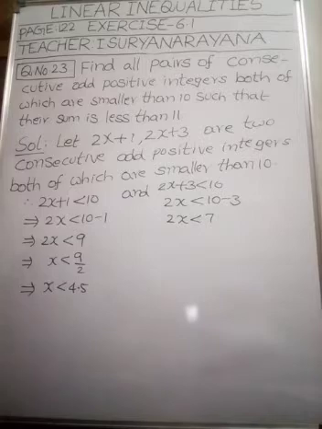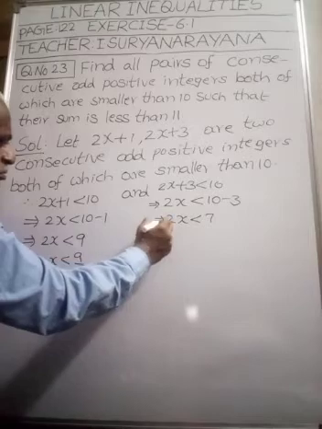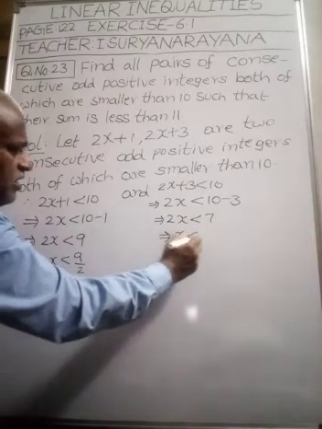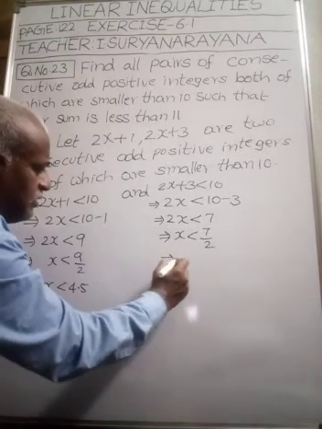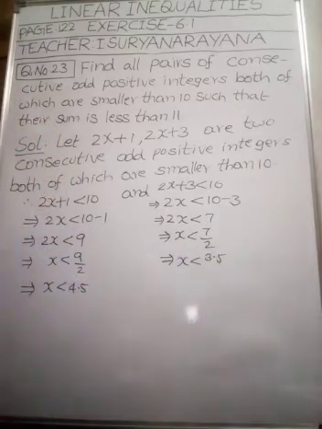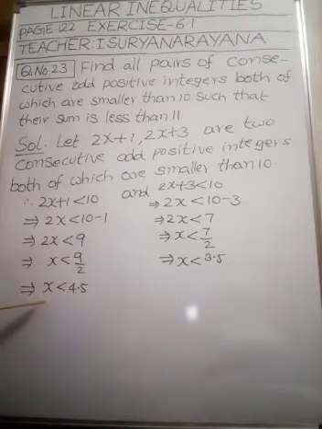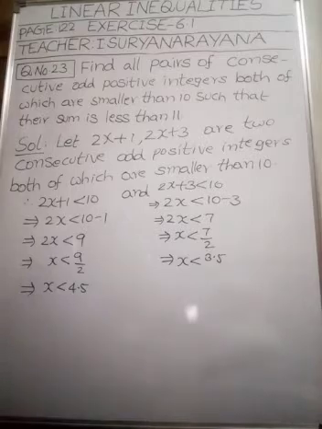This implies x is less than 7 by 2, which is x less than 3.5. Understood this point, my children? Right. Here we got x less than 4.5, and here x less than 3.5. Okay, my children? Understood?